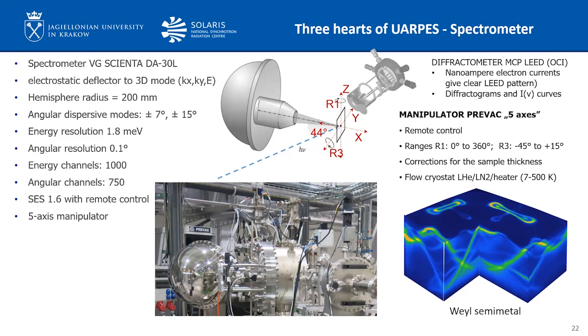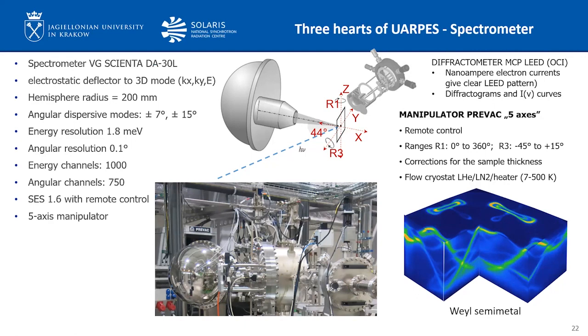During the experiment, the sample is placed on a motorized and remotely controlled cryogenic manipulator, which allows measurement in several Brillouin zones and easy alignment of the sample in the beam and detector axis.